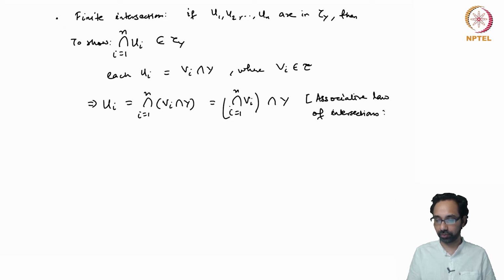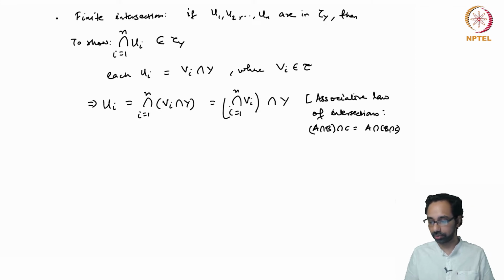If you have just 3 sets, for example, then A intersection B intersection C is the same as A intersection B intersection C. You can generalize this for finitely many or even arbitrarily many sets, taking the intersection one by one, and you will have this equality here.